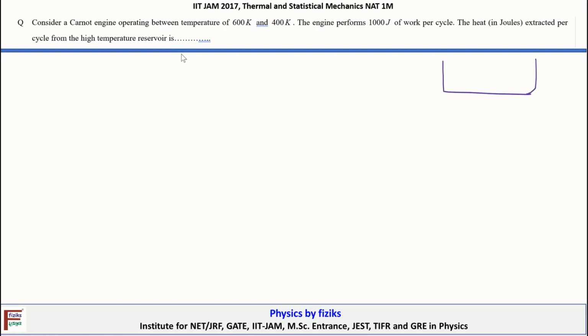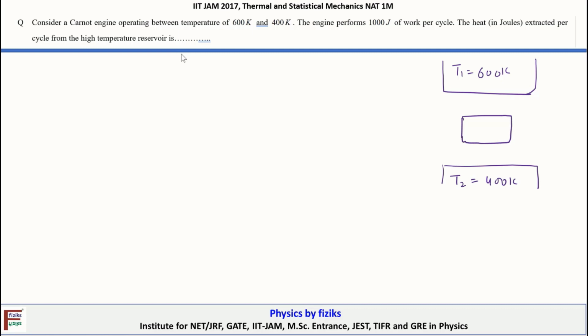We are given a Carnot engine which is operating between two reservoirs, at temperature T1 equal to 600 Kelvin and the other reservoir at 400 Kelvin, and in between we have a cyclic process.